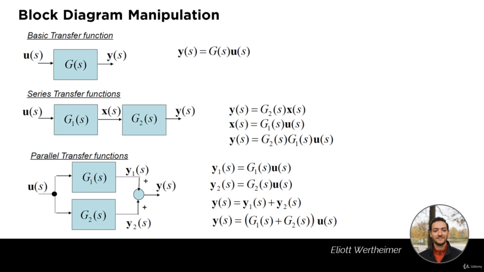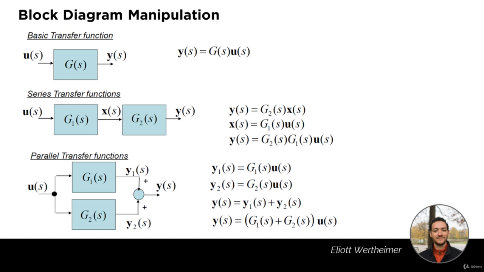Let's now look at parallel transfer functions. So what you have in this case is a signal U(s), which is going separately and independently into G1(s) and G2(s). It is represented like this. You have the signal incoming, and then it splits at a junction to go into the two transfer functions. These transfer functions, because they are different, will output different output signals, right?